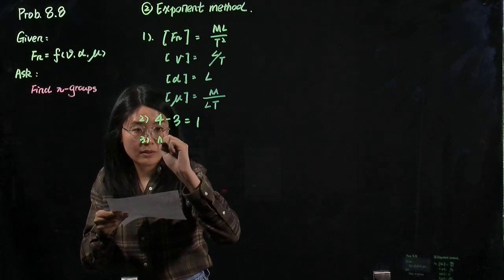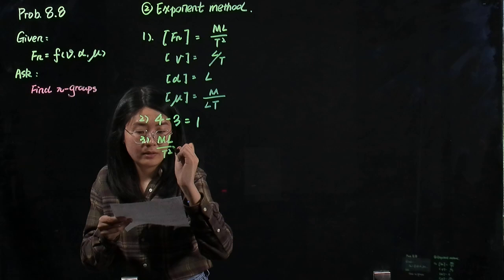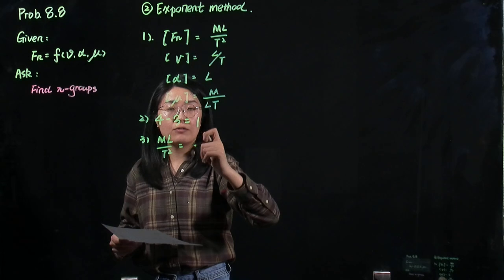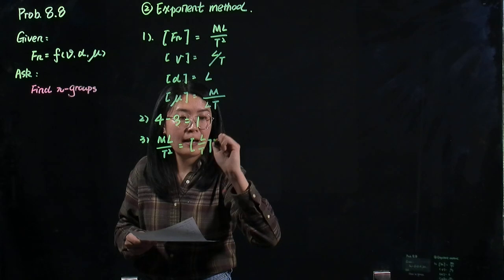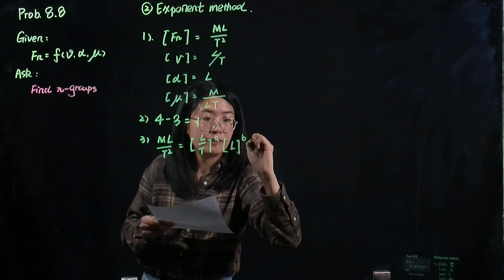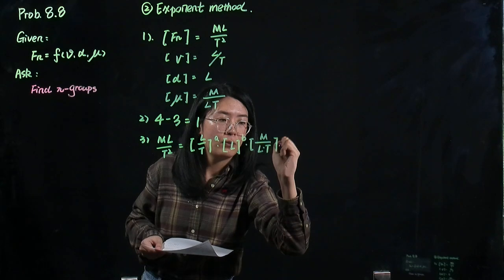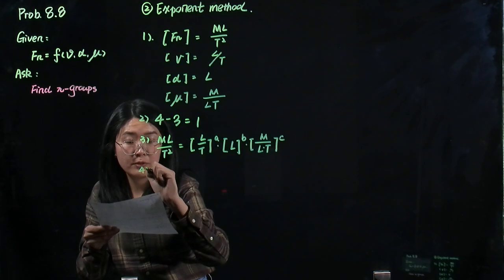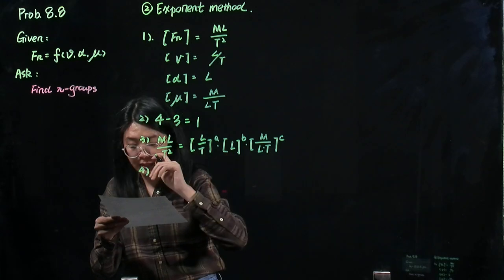Which means M L over T squared equals, put this stuff on the right hand side, L over T to the power of A times L to the power of B, and then times M over L times T to the power of C. Because of dimensional homogeneity, we equate powers of dimensions on each side.